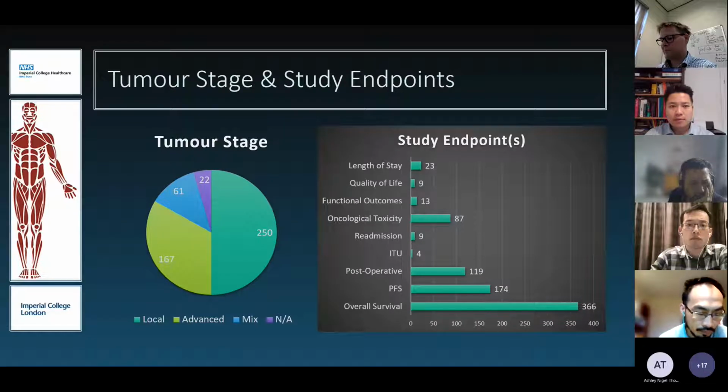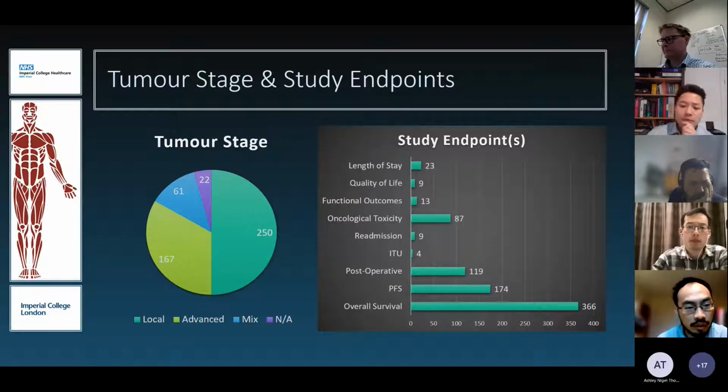And then you get a mix of whether they're advanced or local, so generally speaking, whether you're trying to cure them and they're having surgery, versus whether they're having palliative treatments with options of chemotherapy, immunotherapy, etc. Most of the studies are looking at survival. You get a few studies that look at other things as well, so the numbers won't add up because studies will look at multiple things.